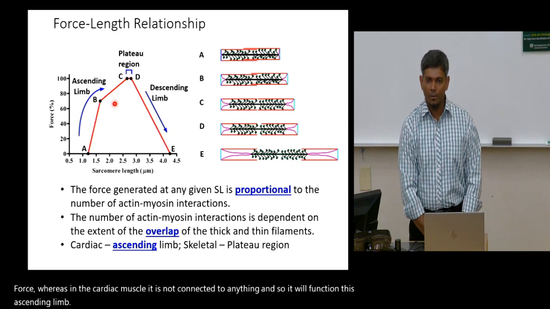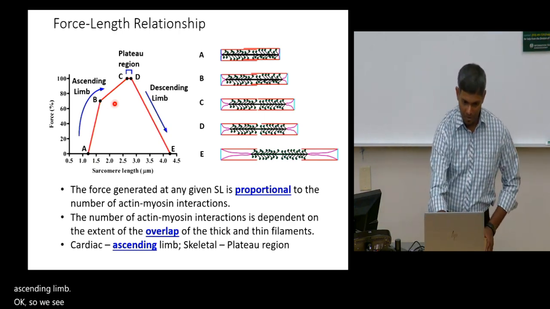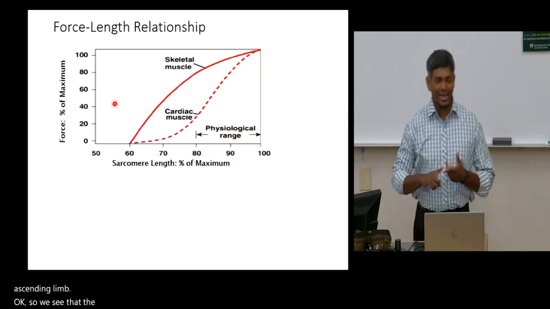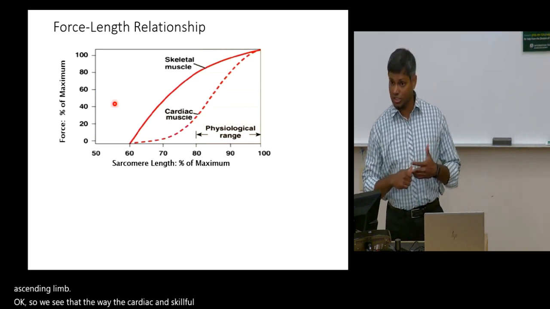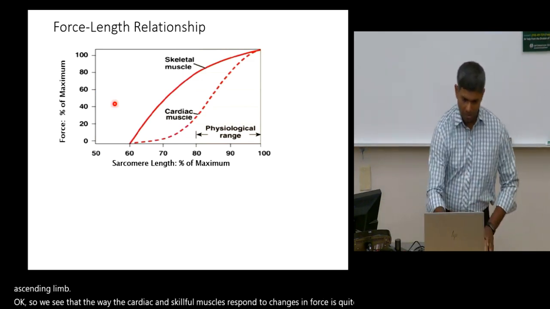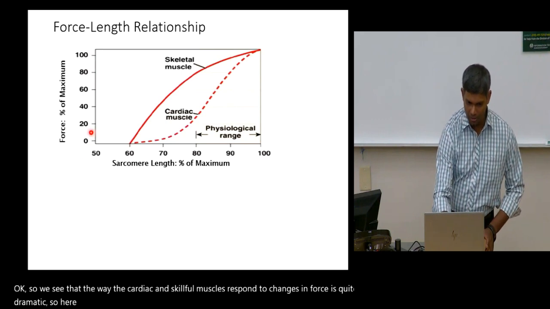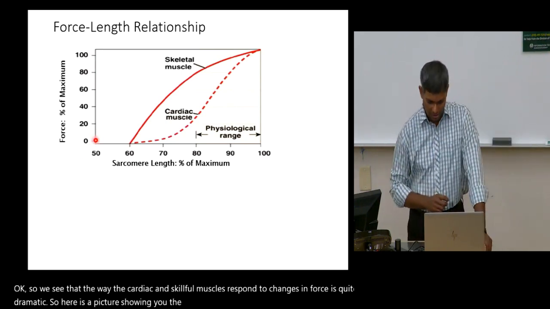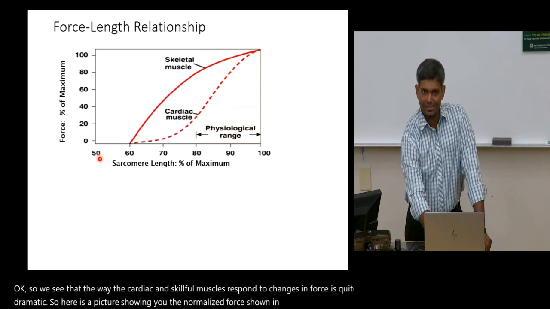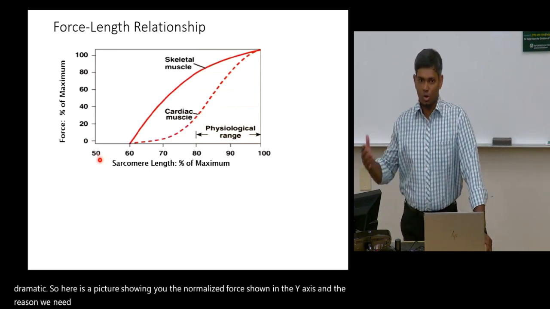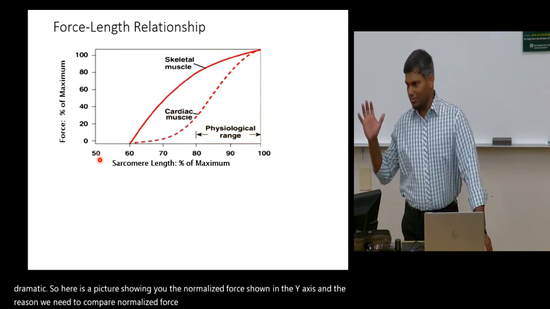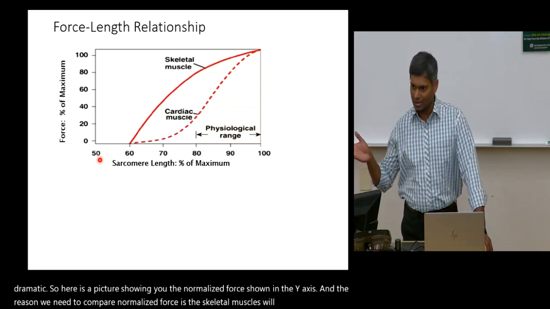Okay, so we see that the way the cardiac and skeletal muscles respond to changes in length is quite dramatic. Here is a picture showing you the normalized force on the y-axis, and the reason we need to compare normalized force is that skeletal muscles will produce more force than the cardiac muscle.